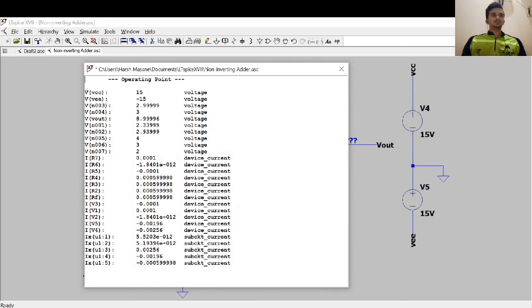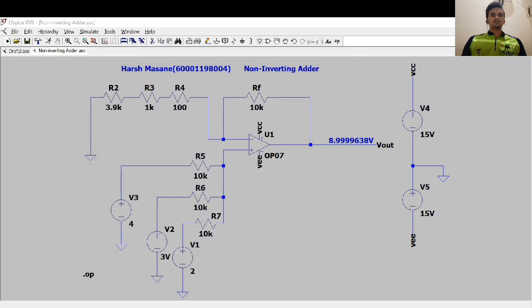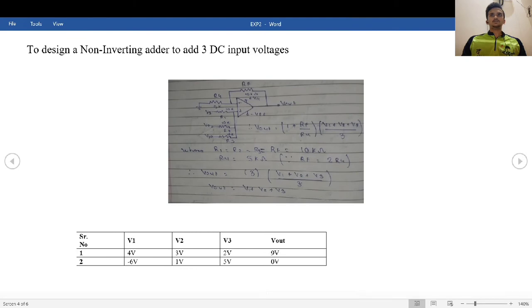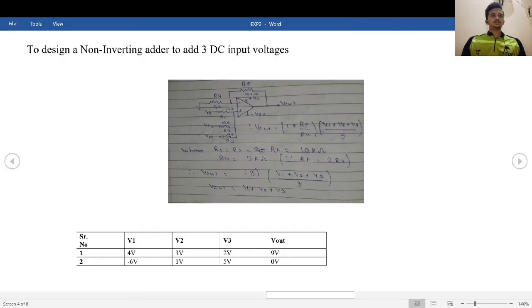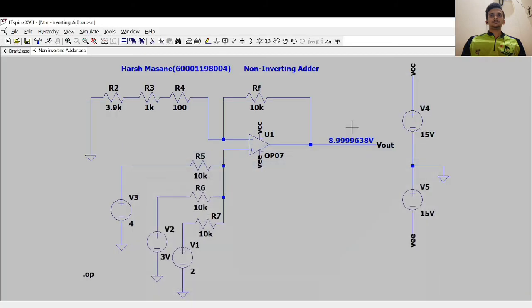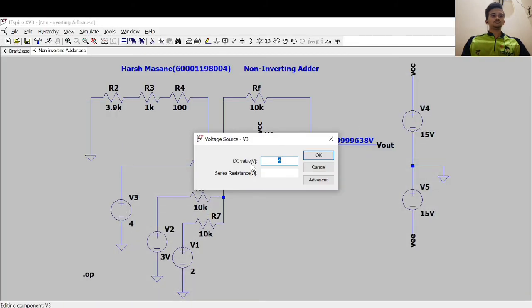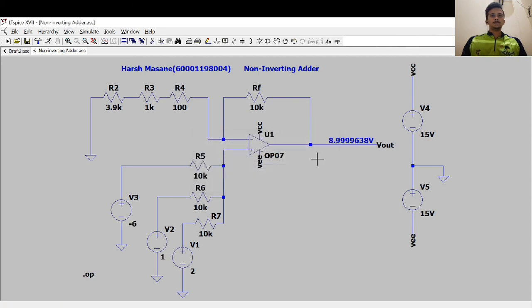So our Vout is, okay, the Vout is 8.99, which is approximately 9 volt. Okay, 9 volt. So now we'll go for the next, which is minus 6, 1.